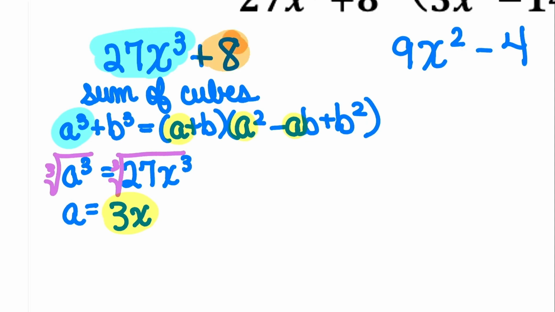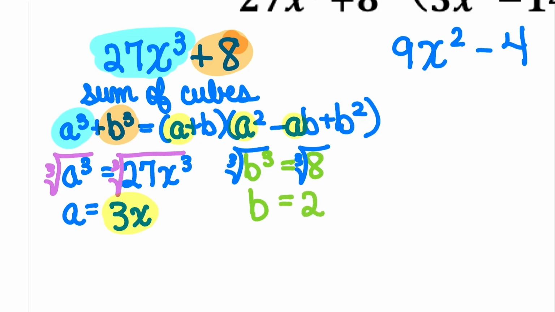So we have 8, and that's in the position of our b cubed. So we're going to say b cubed equals 8. And in order to solve for b, we're just going to take the cube root of both sides. The cube root of b cubed is just b, and the cube root of 8 is 2. That means that I can take 2 and replace it everywhere that there is a b in my formula.